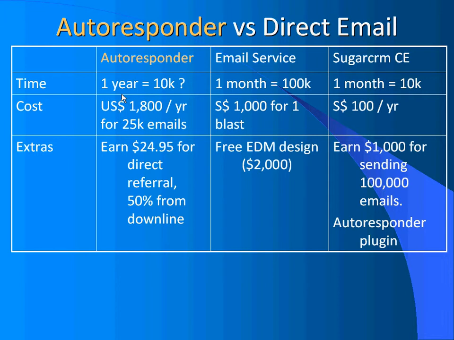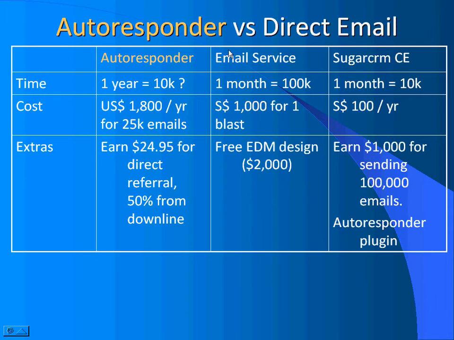And can you imagine you take 1 year to collect maybe 10,000 emails, right? Is this pretty good? Yeah, okay. But if you hire an email service or bulk email service company, they can give you 100,000 emails immediately.